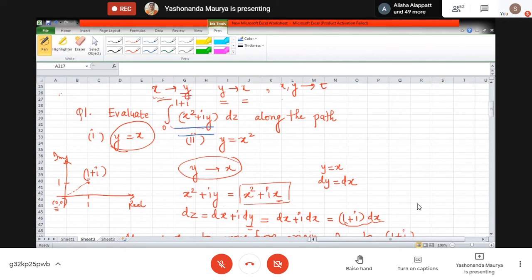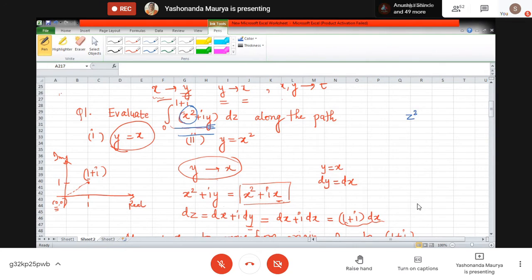How can I write it in terms of z? See, this is x square and this is y. The problem is I cannot write this function in terms of z. Can I write it in terms of z?